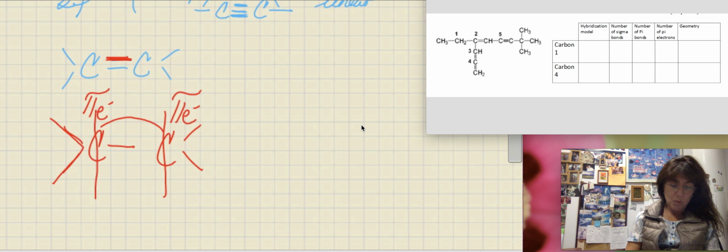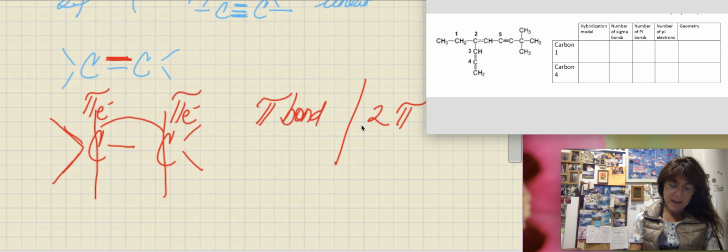So what am I trying to summarize here? Whenever you have a pi bond, this is made of two pi electrons.